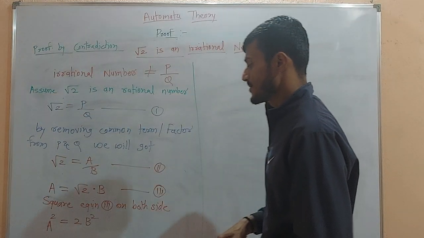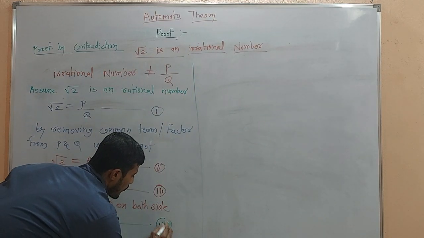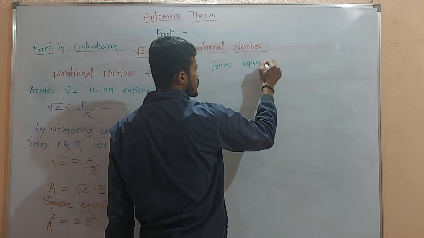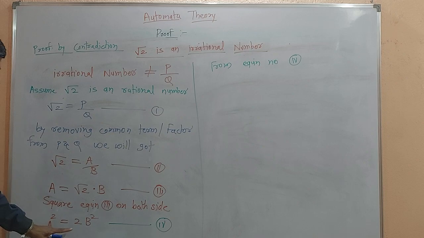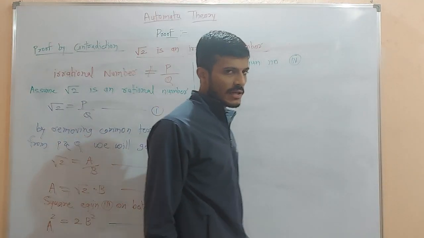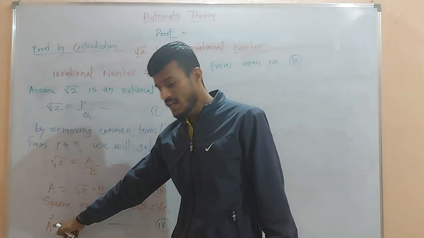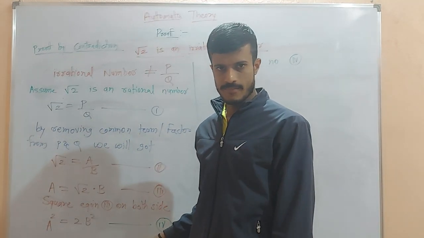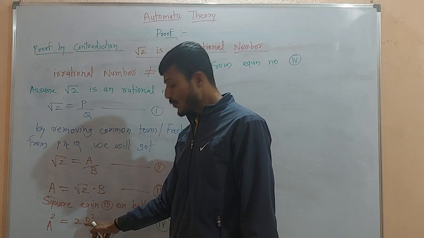So what is the meaning of this? You can say here, from equation number 4, a square is equal to twice of b square. What is the meaning of this? You can say a square is nothing but twice of b square.